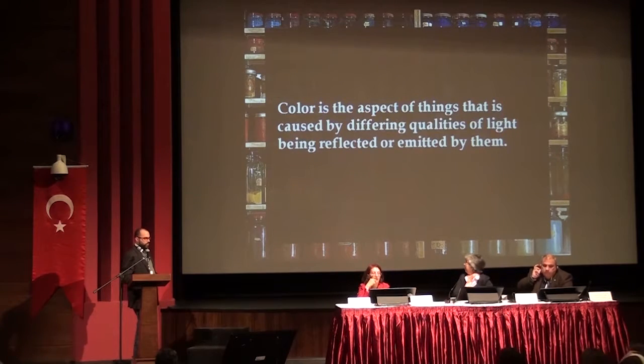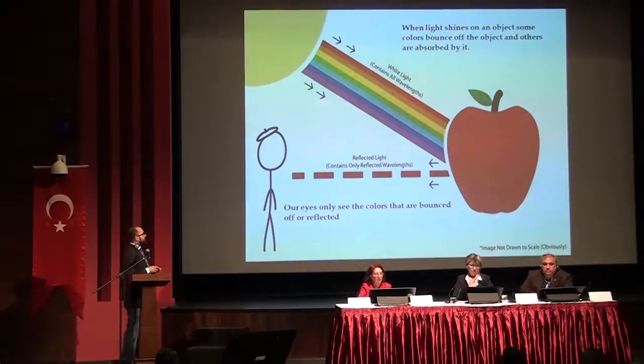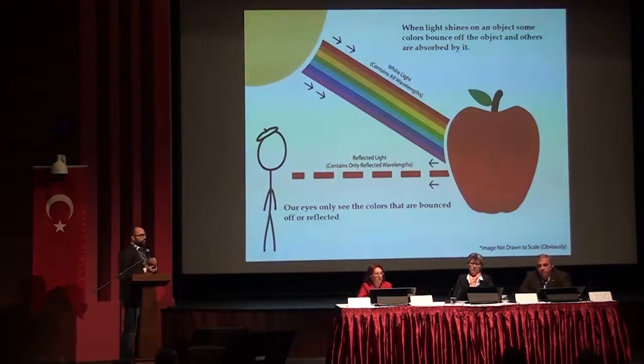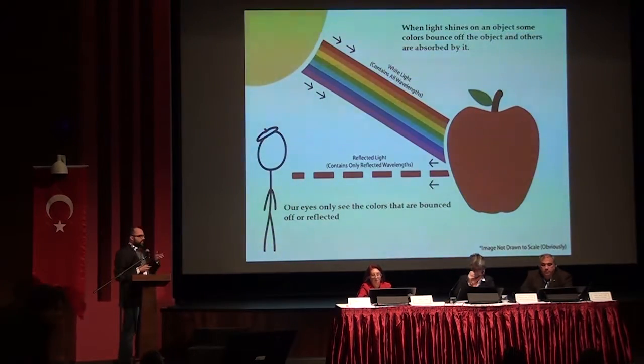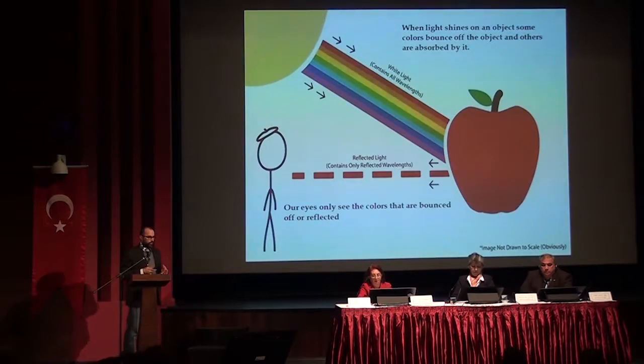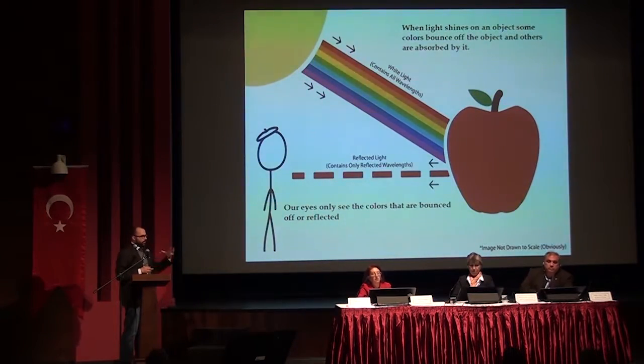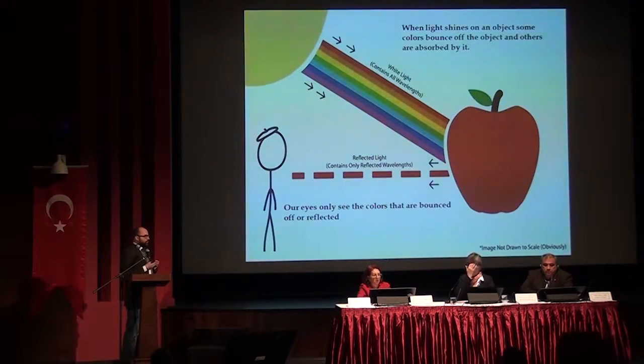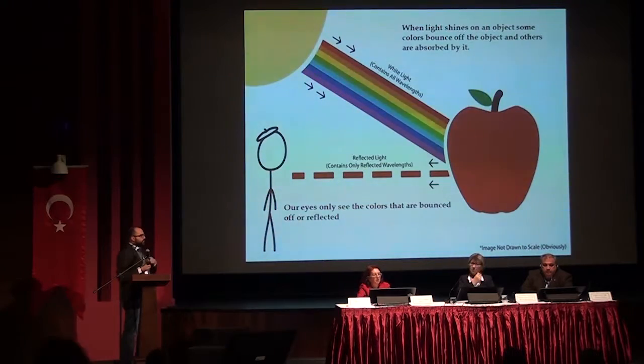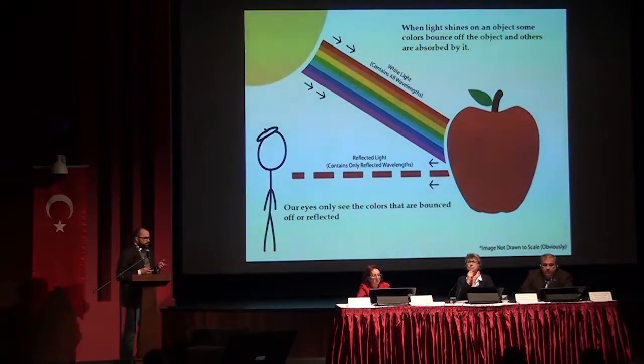So it's basically linked to the reflection and absorption of the different wavelengths. So if we perceive a color, it's because there is a source of light with a certain wavelength, and the object absorbs a part of the wavelength and reflects another part.